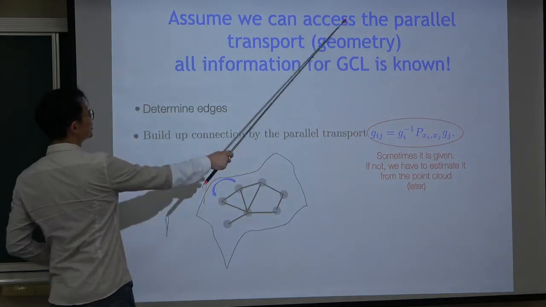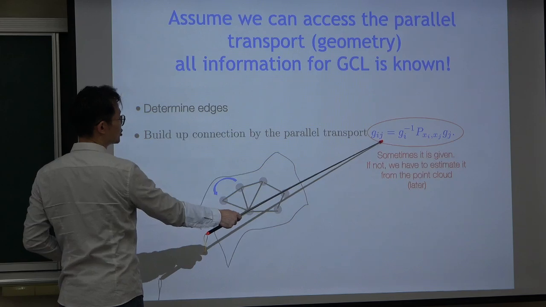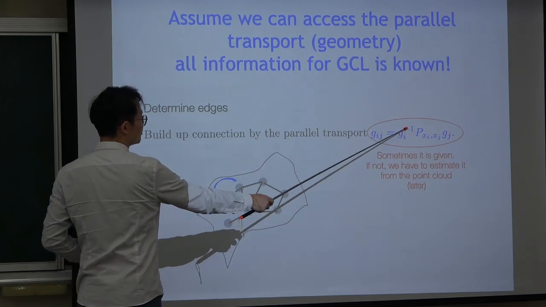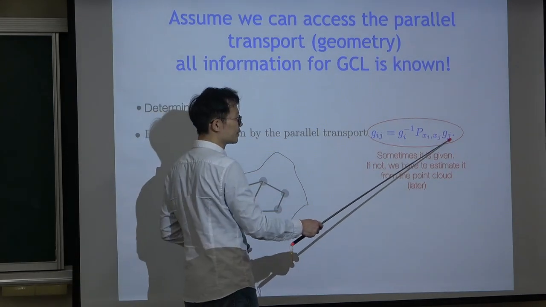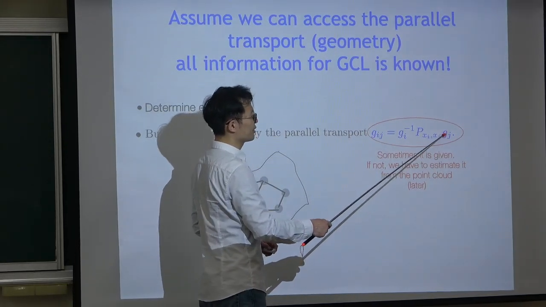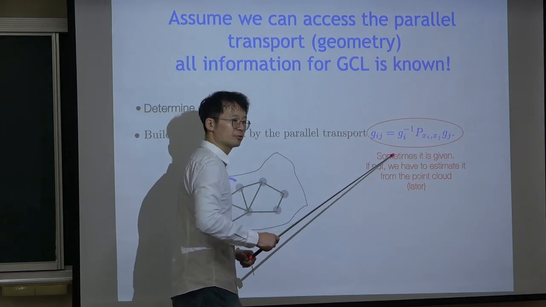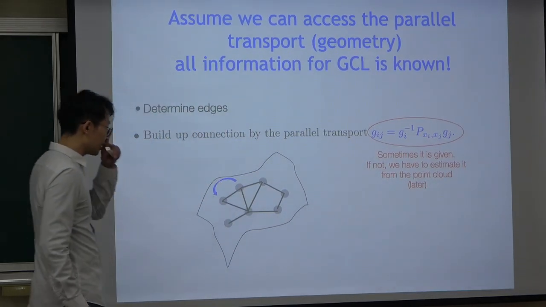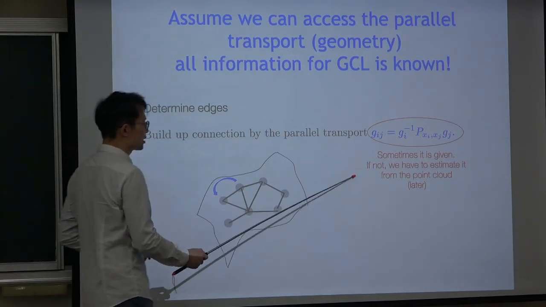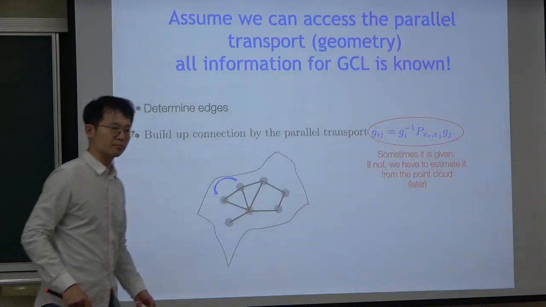That is, you assumed that you can access the parallel transport, so that you can determine G_ij to be G_i inverse P_{x_i x_j} G_j. That is, you convert coordinates back to the tangent vector, do parallel transport, and convert it back into coordinates. As we discussed last time, sometimes it is given, but if not, we have to estimate it.